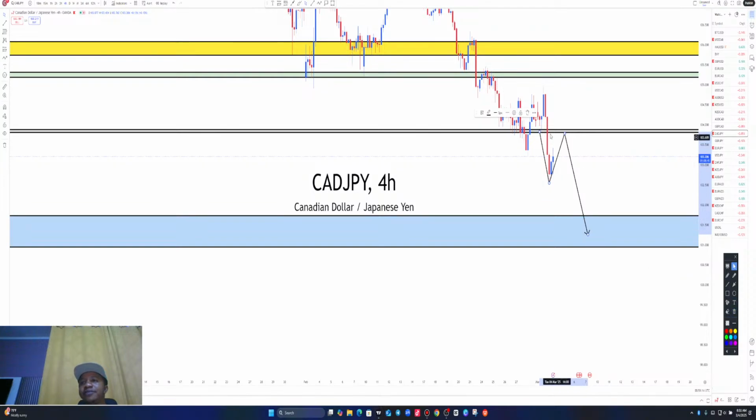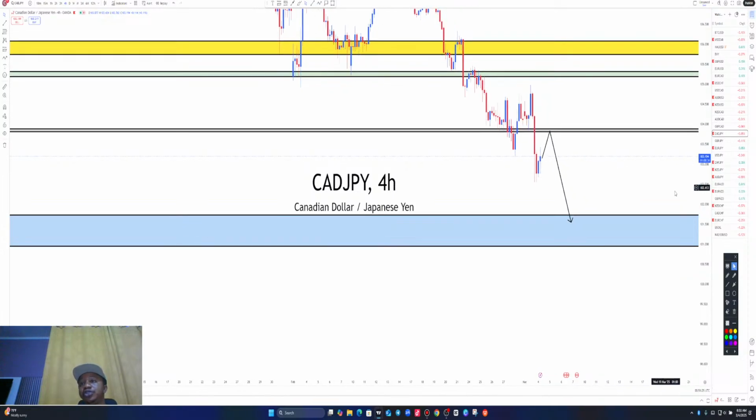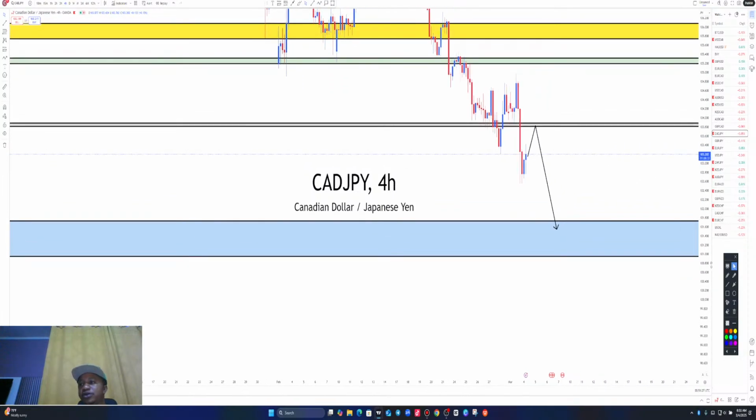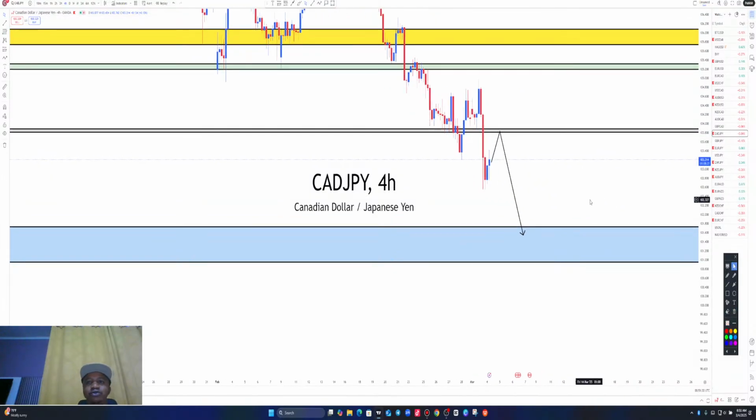So if price manages to go all the way up to complete the retest as a lower high, then we can start selling all the way to the downside on this pair. This is going to be a quick out opportunity because the target is not that long. After entry, we see price drop all the way back to this level. It's a very short move, and then we make our money out of it and go away. So that's it for CAD JPY. Let's go to the next one.